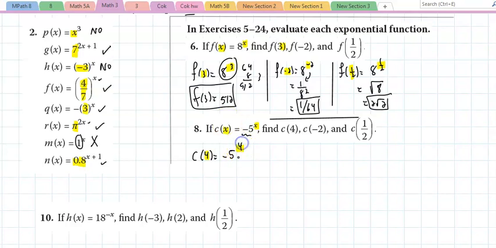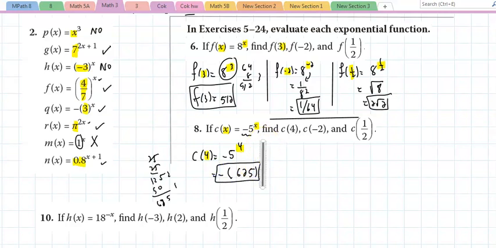Keep in mind, the negative is not included, so if I take 5 to the 4th, 5 times 5 is 25, times 5 times 5, 25 times 25, what is that? 625. Okay, so it's going to be negative 625.